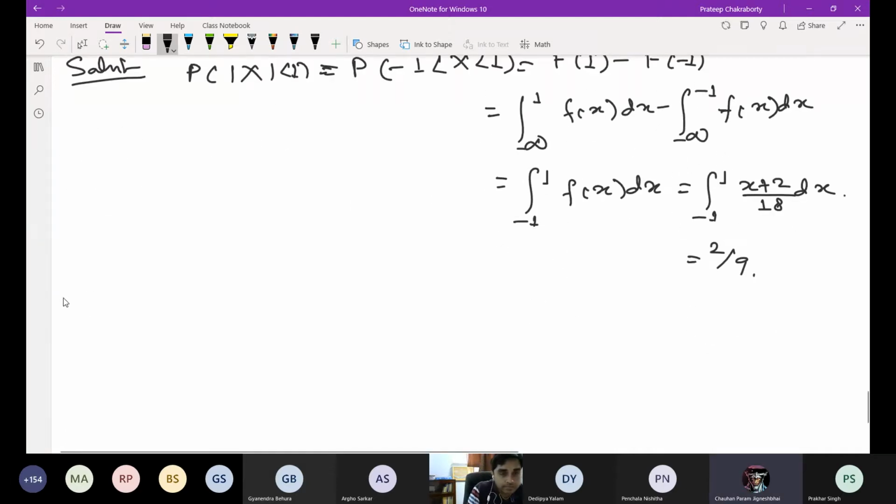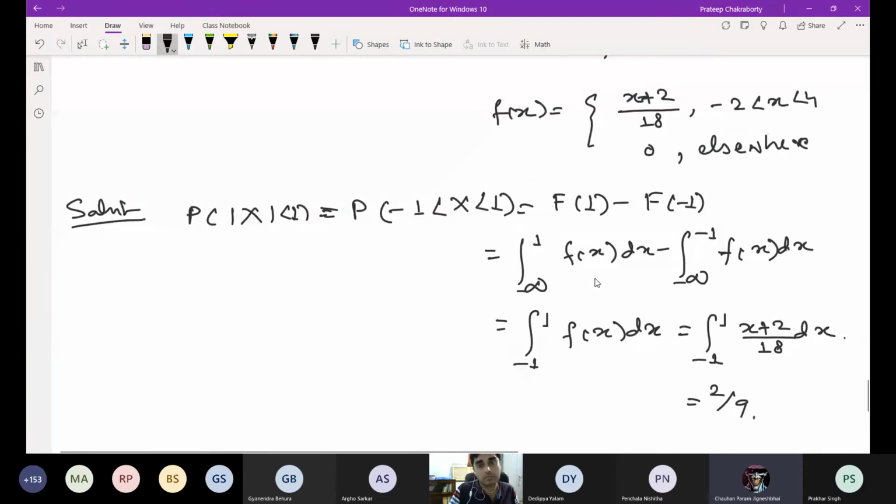Should it not be minus 2 to 1? Why minus 2 to 1? Sir, because from minus 2 to minus 1 it is not 0. No, but the way I am taking the probability, this is mod x less than 1, right? So mod x less than 1 means P of minus 1 less than x less than 1.